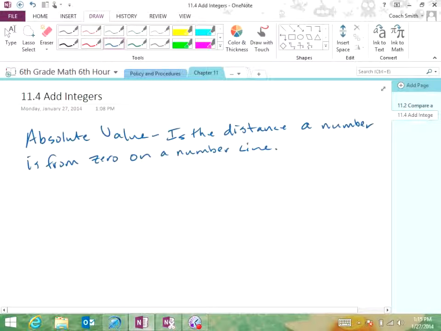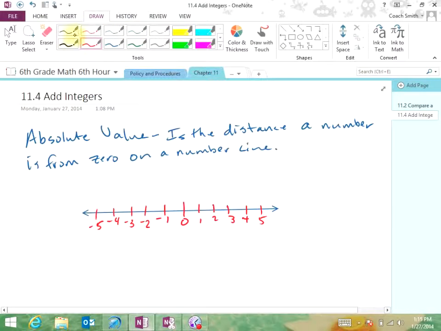Okay? So, for example, if I have this number line, right here we have 0, then we have 1, 2, 3, 4, 5. On the other side, we have -1, -2, -3, -4, -5.